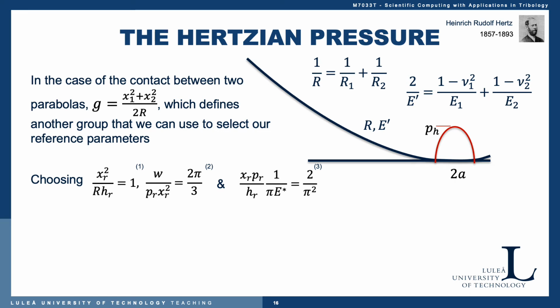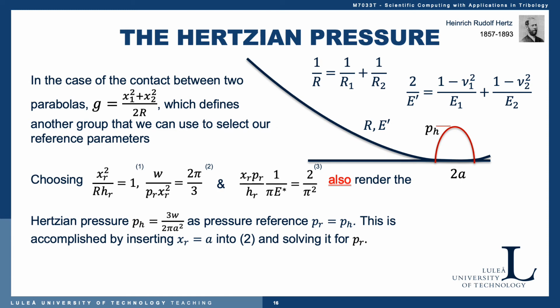Okay, so we have seen that this choice renders the Hertzian radius A, but it also renders the Hertzian pressure, which is defined as the reference parameter for pressure, PR, and this is plainly accomplished by inserting XR equal to A into the equation for the second dimensionless parameter group and solving this one for PR.